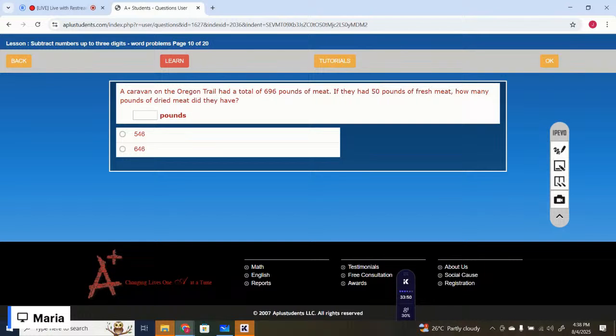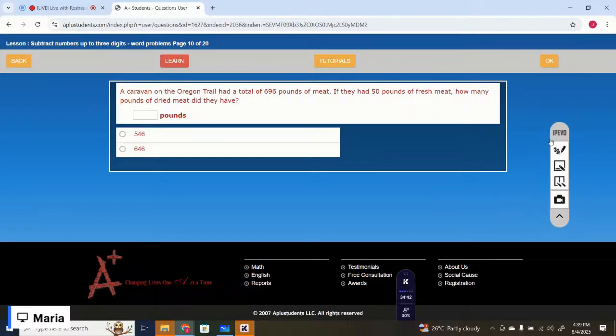If they had 50 pounds of fresh meat, how many pounds of dry meat did they have? So 696 minus 50 is 646 it is.